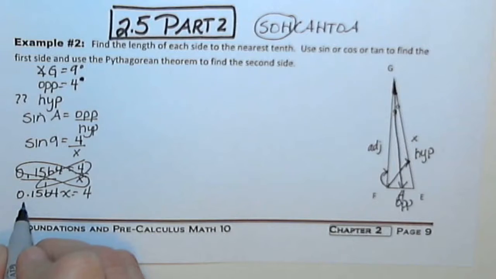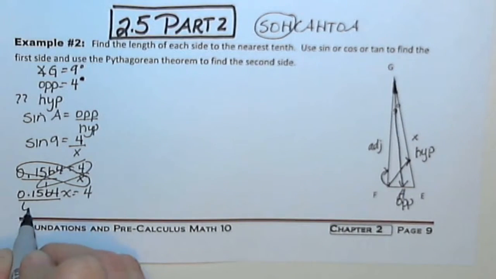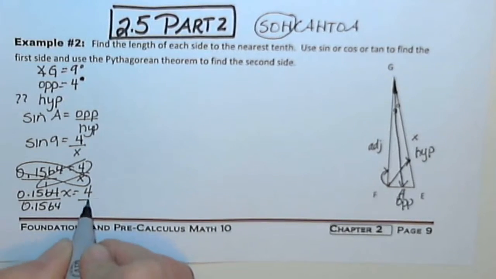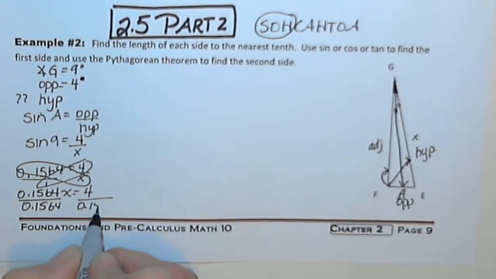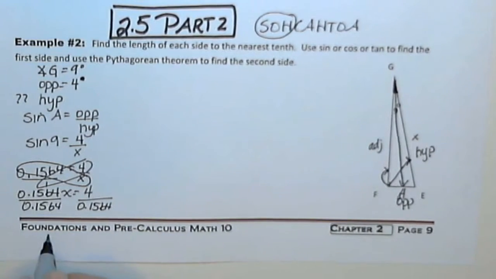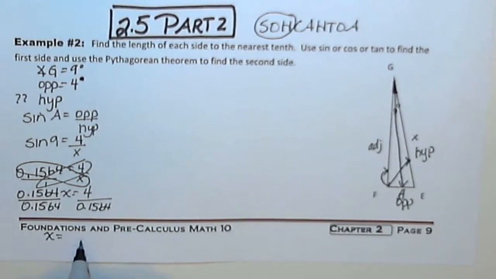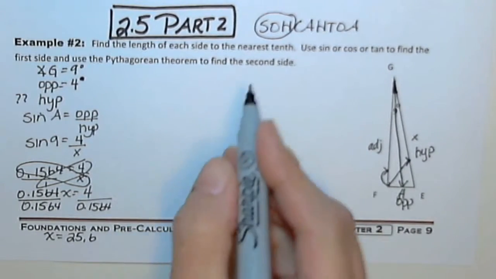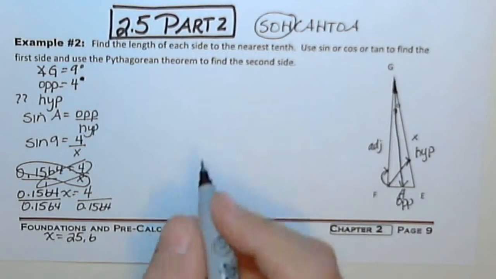So this 0.1564 needs to go. To get rid of it, I'm going to divide both sides by 0.1564. And I'm going to end up with an answer of 25.6. Now you'll notice that I go to the nearest tenth.